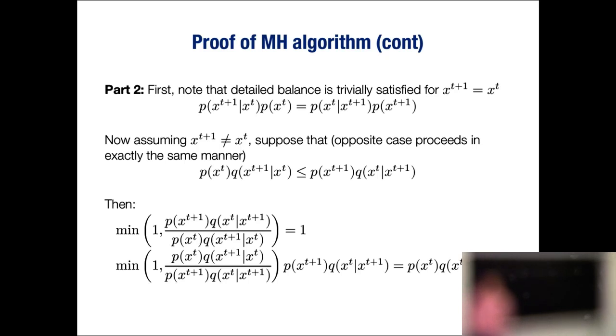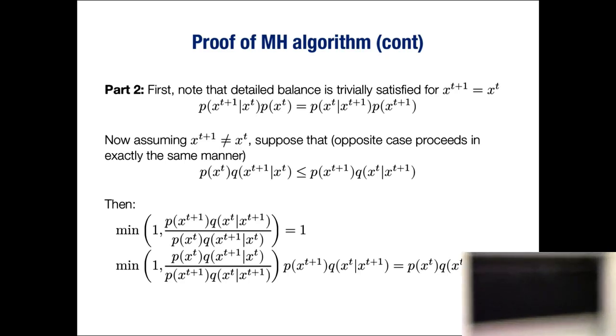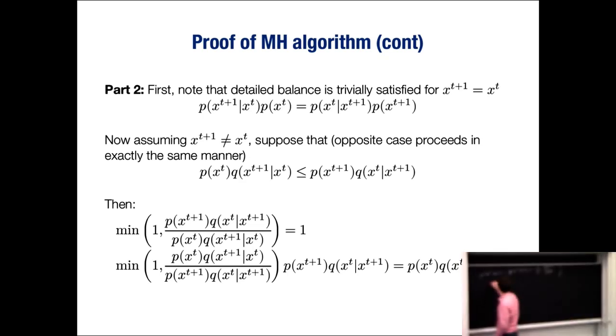So I'm going to assume that, and I won't write it down because these are long expressions, but hopefully the math is quite simple. I'm going to assume that this term, which is the denominator of that expression, is less than or equal to the numerator. So the numerator is greater than or equal to the denominator.